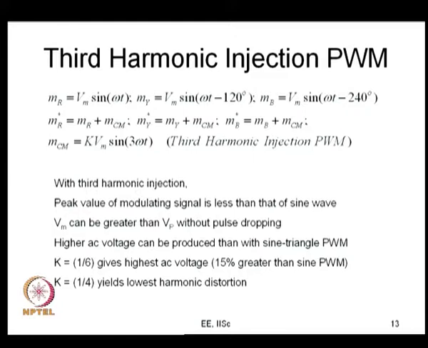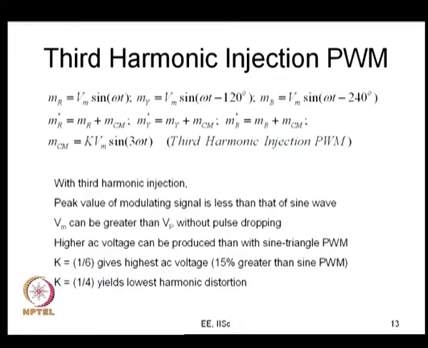Now, this 1 by 6 is simply a factor being thrown at you, but it is probably a good exercise for you to do this yourself, as I mentioned in my lecture on third harmonic injection also. So, what you are trying to do is, this is your k. You are trying to find out the optimum value of k that will maximize this value of Vm. Subject to what constraint?